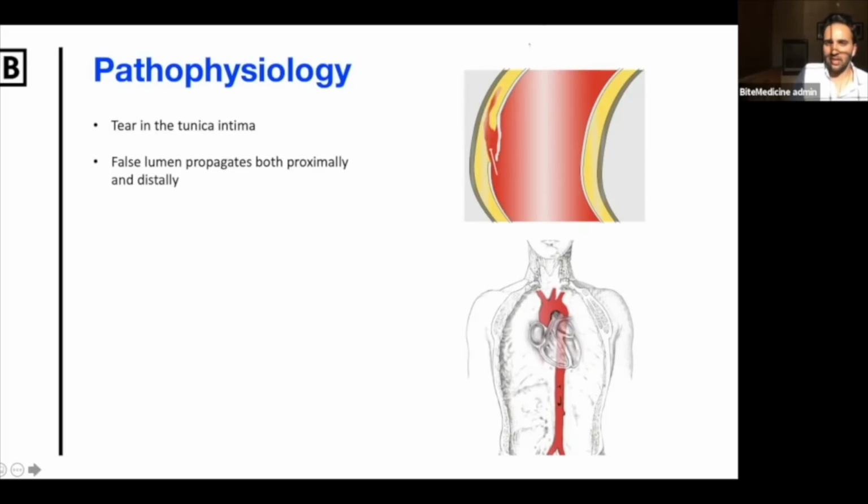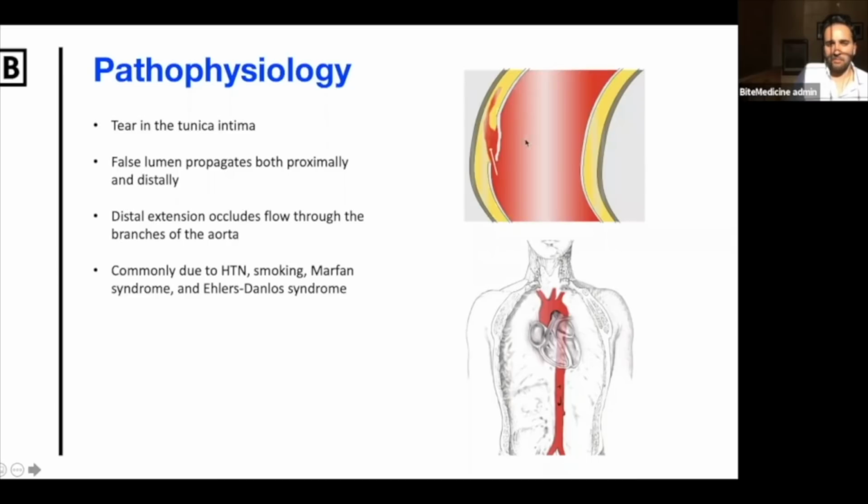This then propagates both proximally and distally, and this distal flow particularly is going to occlude some of your branches of the aorta, which is very bad news. Most commonly due to hypertension and smoking, those are your biggest risk factors, but also a couple of connective tissue disorders as well.